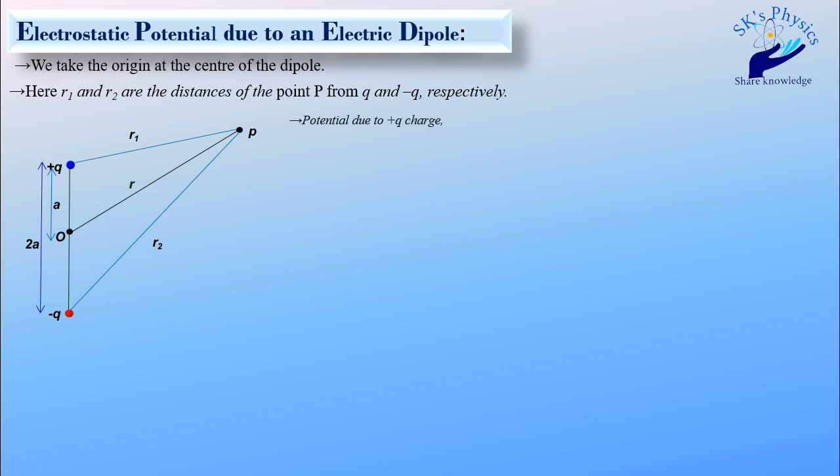So the potential due to plus q charge, V1, is equal to 1 upon 4 pi epsilon 0 q by r1, and the potential due to minus q charge, V2, is equal to 1 upon 4 pi epsilon 0 minus q by r2.